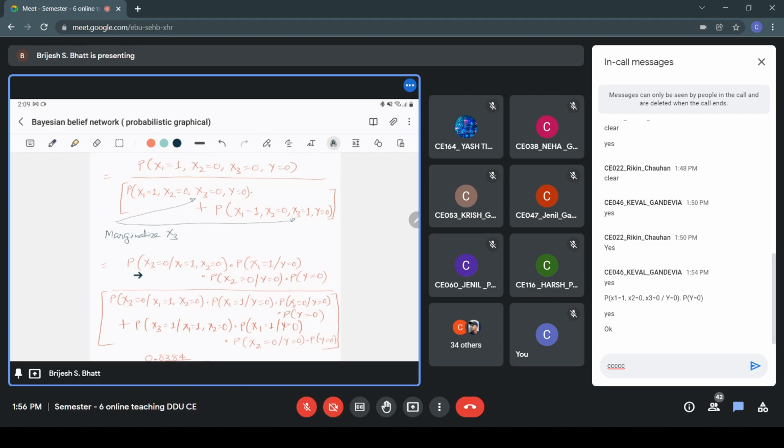Isn't it? Similarly, for the denominator, again you can put this value.